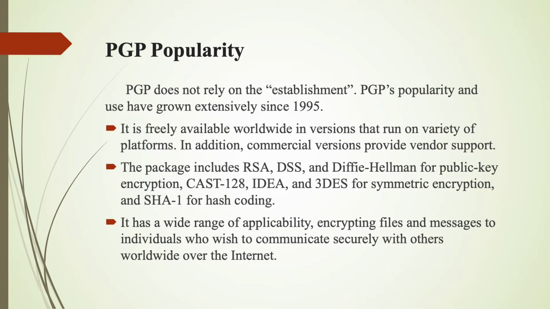There are three reasons. First, it is freely available worldwide in versions that run on a variety of platforms. In addition, commercial versions provide vendor support. Second, the package includes RSA, DSS, and Diffie-Hellman for public key encryption, CAST, 128-bit IDEA, and 3DES for symmetric encryption, and SHA-1 for hashing code.